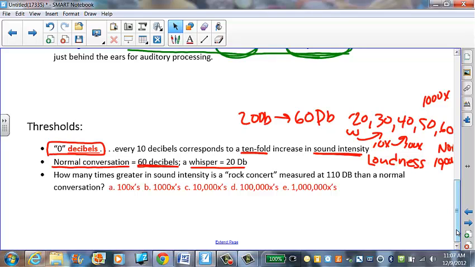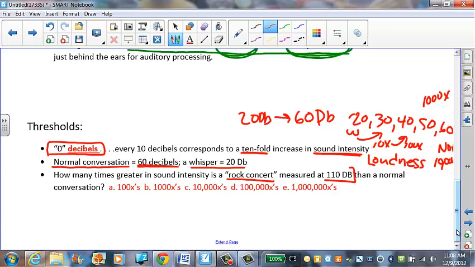So the interesting thing is a rock concert. You go to a loud concert and you feel the music, literally, at about 110 decibels. A normal conversation is at 60. So how many times greater in sound intensity is a rock concert than a normal conversation? I'll give you about 15 seconds.